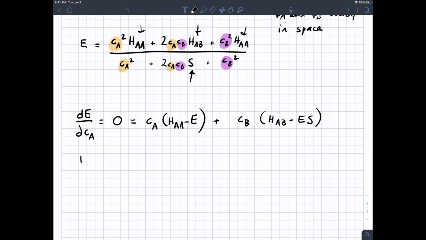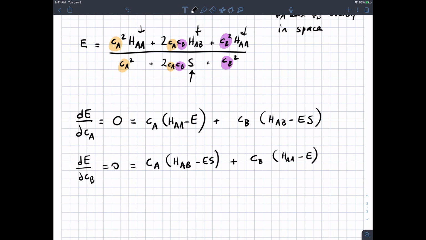So if we do the same thing for coefficient B and set it equal to 0, we get the following equation: CA times (HAB minus ES) plus CB times, and I guess we can just say, (HAA minus E).